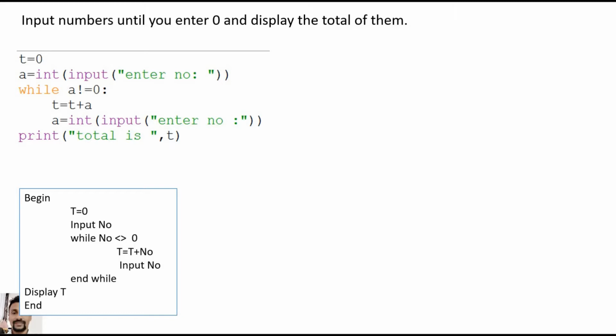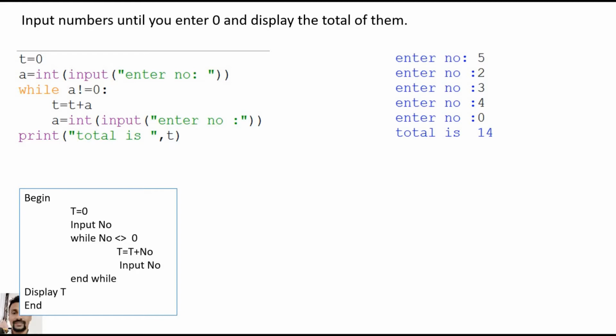Now I have put the pseudocode also, then you can understand it well. That's why I told you, if you can write the pseudocode, writing the Python program will be easy. Only thing is you have to replace the Python keywords. Now if I run the program, I enter 5, then enter numbers again 2, 3, 4. Then when I enter 0, it will add up these numbers and the total will become 14. 14 will be displayed.